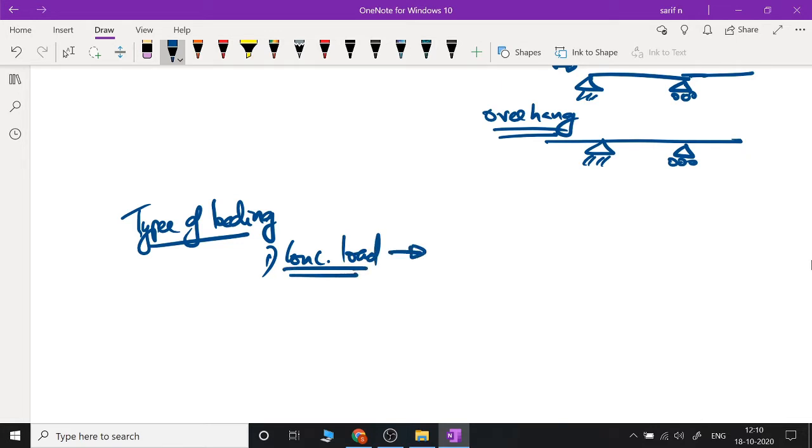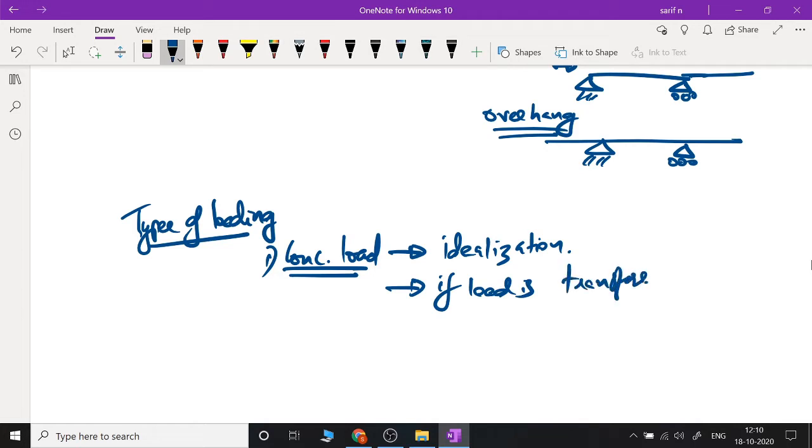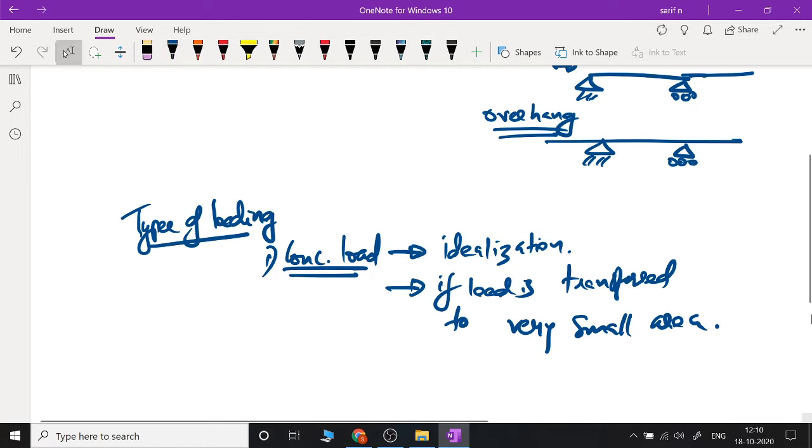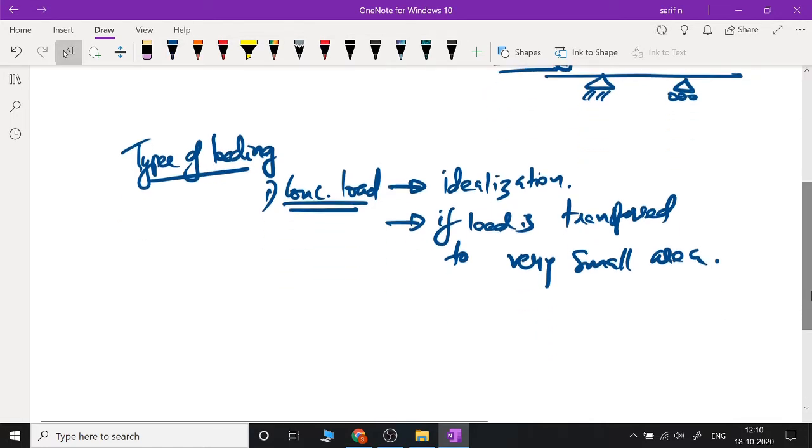Concentrated load is an idealization, which simply means that it is an assumption, and it means that if load is transferred to a very small area, then we call it a concentrated load. That means if the area of transferring of the load is a very small area, then we will call it a concentrated load.